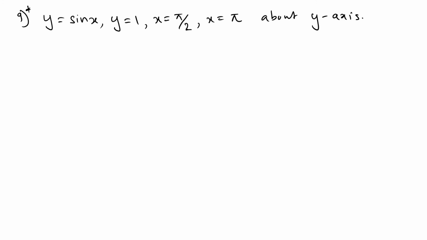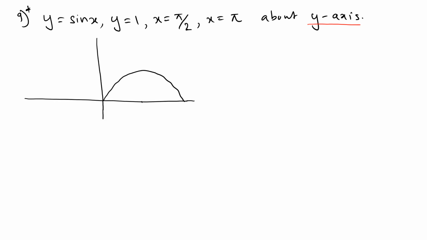So the problem is y equals sin x, y equals 1, x equals pi over 2, and x equals pi, about the y-axis. So what is the region? Let's draw the region first. We have the x-axis, y-axis, and the curve.